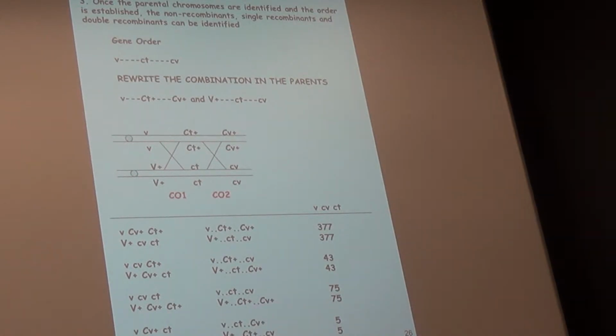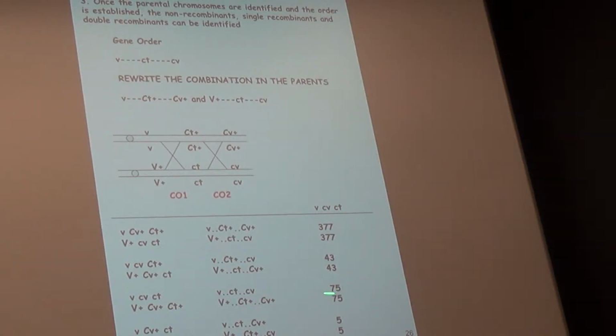Okay. So now that you've identified the order of the genes, you know B is followed by CT followed by CV, you label them. Here is crossover 1, and here is crossover 2. If you had a single crossover, just one, let's imagine you have a crossover only here, you would get a class that would look B, CT, CV.